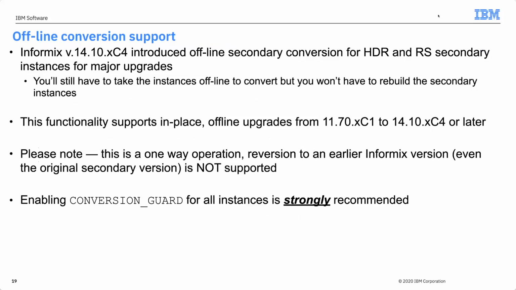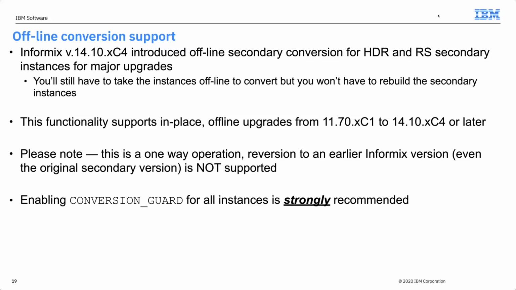Offline conversion of secondaries. This occurred in XC4. Previous to this, if you needed to do an upgrade to your HA cluster, most likely you had to rebuild your secondaries from scratch, and that was just a pain. We're now giving you the ability to do in-place offline upgrades from 11.7 all the way through 14 XC4 and later.